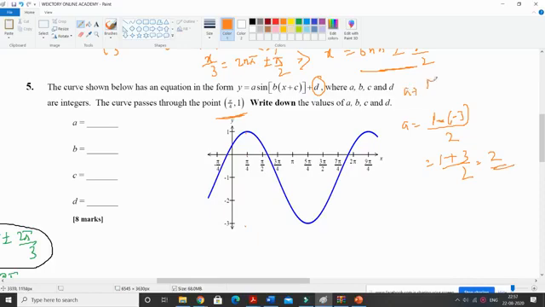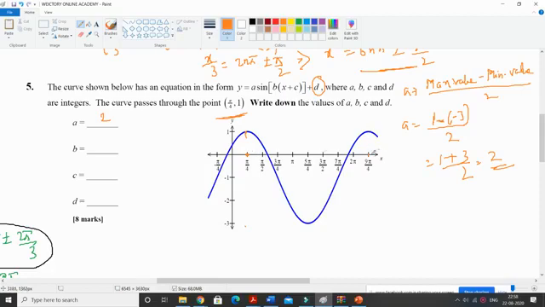Now amplitude we can find as maximum y value minus minimum y value divided by 2. So here it is 2. B will help you find the period. As you can see here, maximum value you are getting at pi over 4, and again it is going till 9 pi over 4.